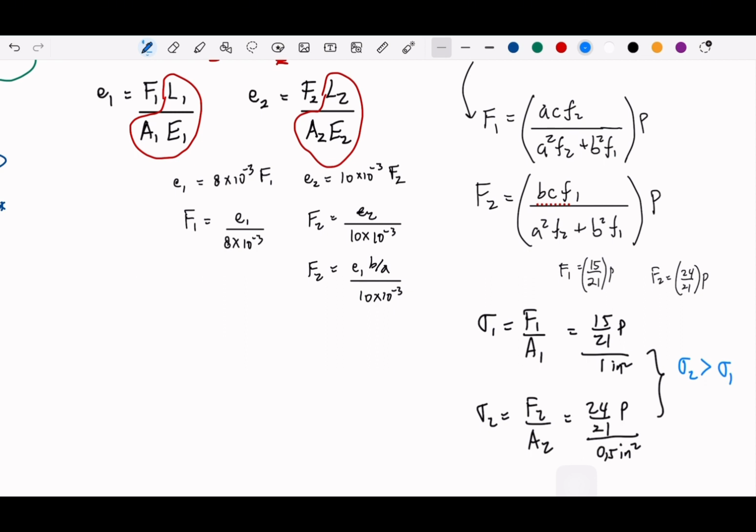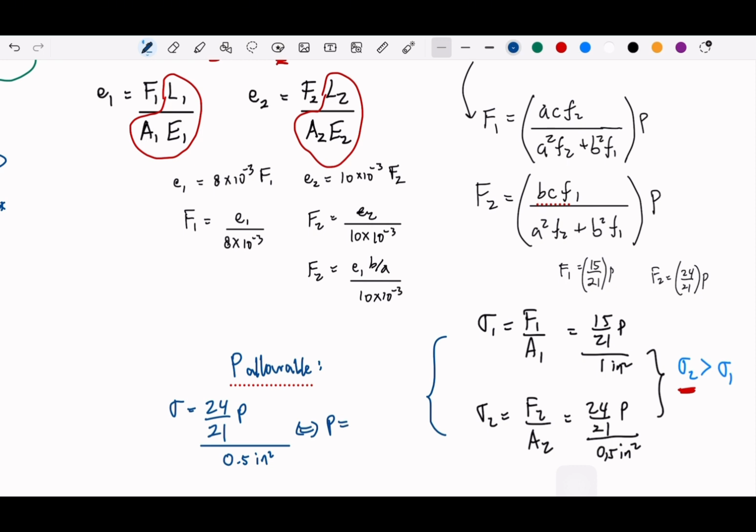So we set sigma 2 as our reference because it's greater than sigma 1. Then the P allowable will be taken by sigma equal 24/21 P divided by 0.5 inch squared.